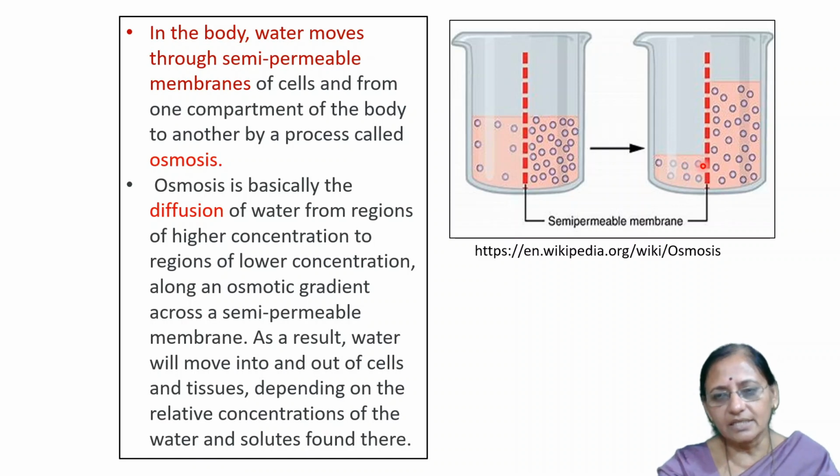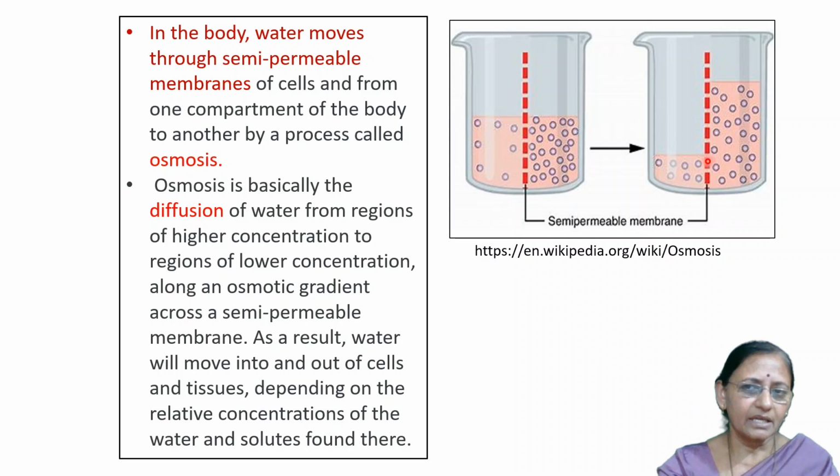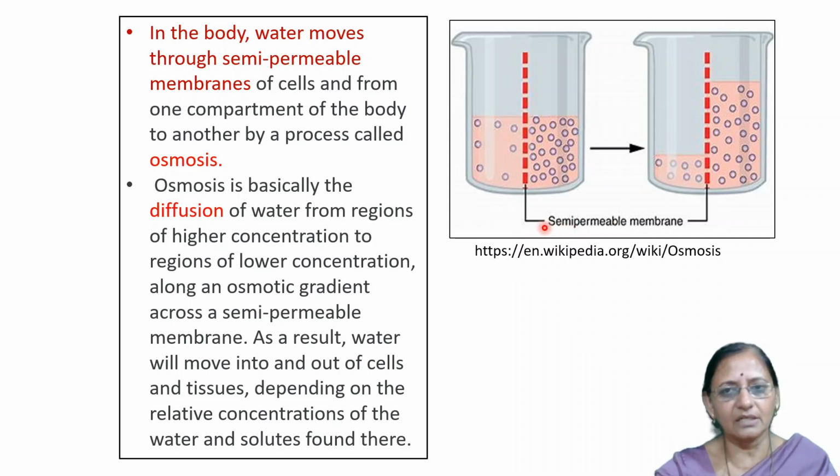Here, water is transferred from this side, and because of that equal ionic concentration is maintained. This may be the internal side and this may be the outer side. Paramecium live in an external environment and maintain their ionic balance.